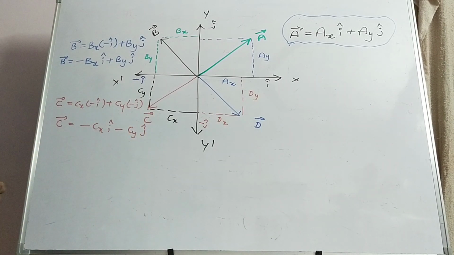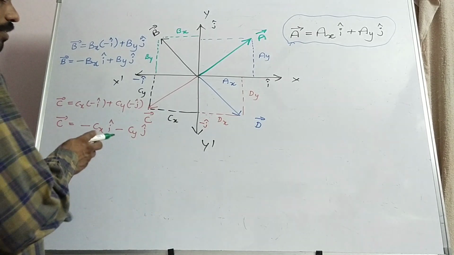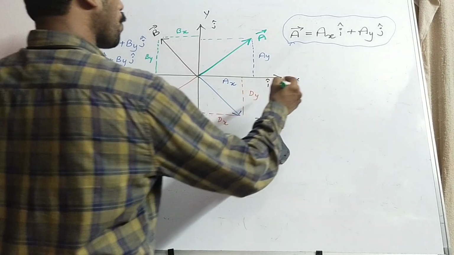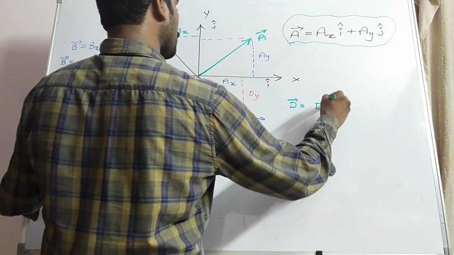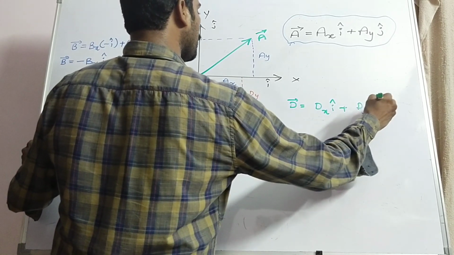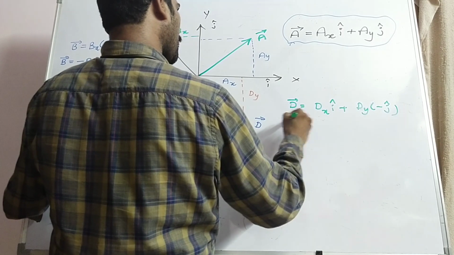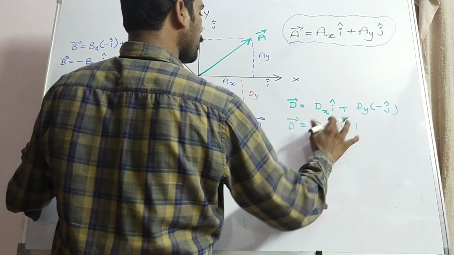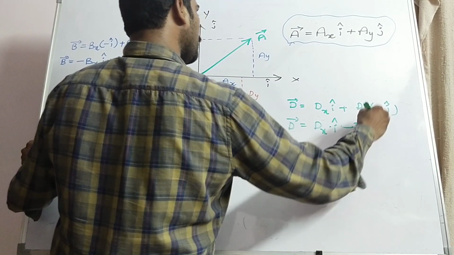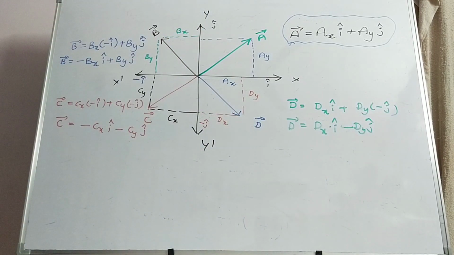What about the fourth quadrant? In the fourth quadrant x-axis is positive, y-axis is negative. So vector d bar is equal to dx i cap plus dy minus j cap. Hence that can be written as d bar is equal to dx i cap minus dy j cap. So here we have four vectors.